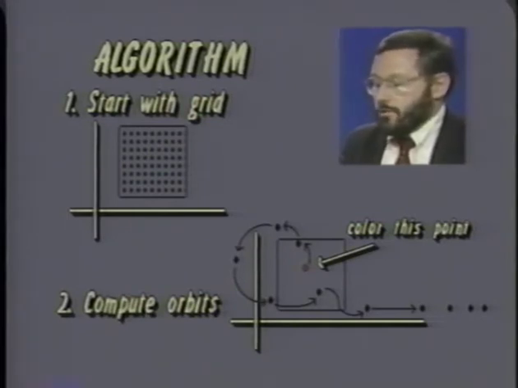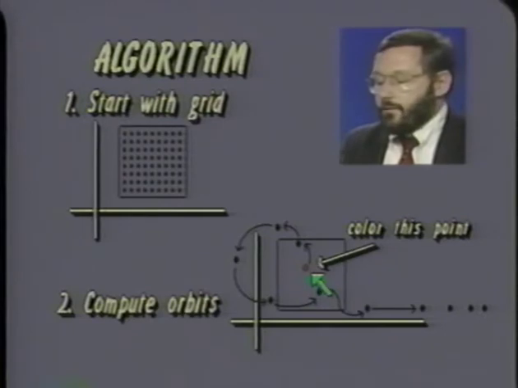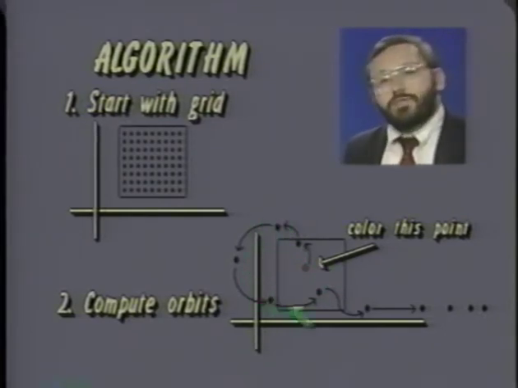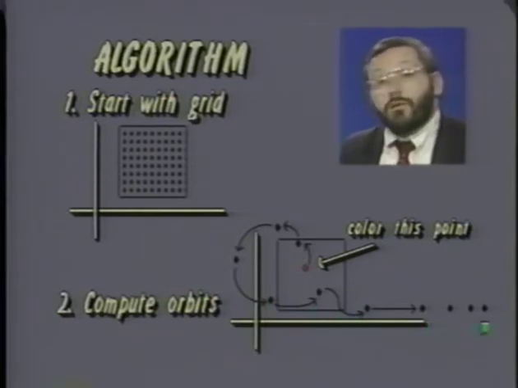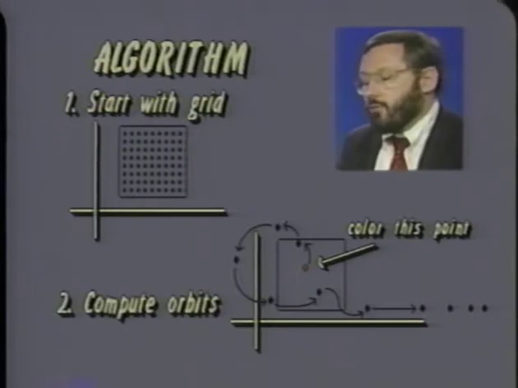So here's what we'll do. If, for example, we start with a grid point here and iterate that point, compute its orbit, and find that it escapes to infinity, then we'll color that point. So colored points in the images you're about to see are points that are in the Julia set.